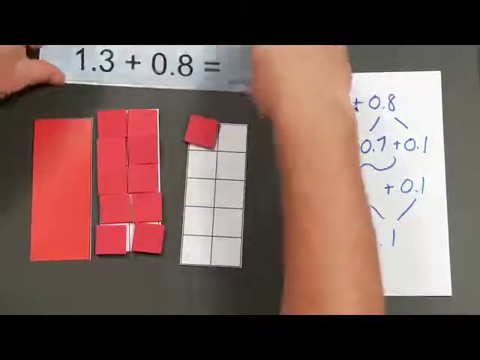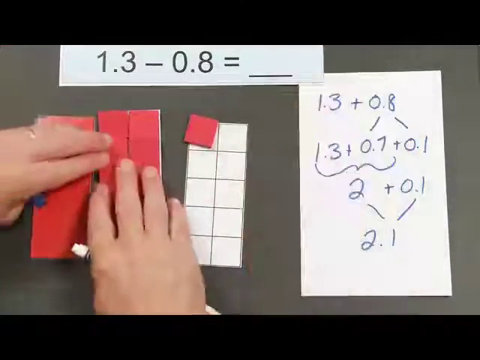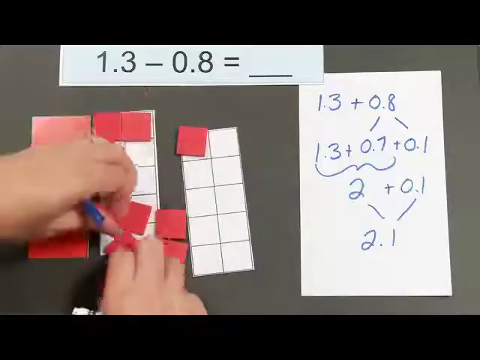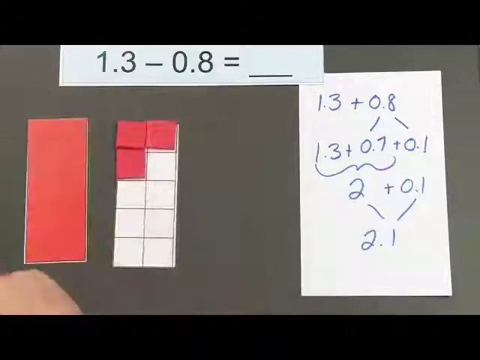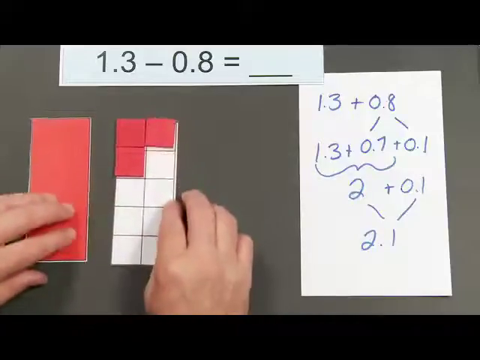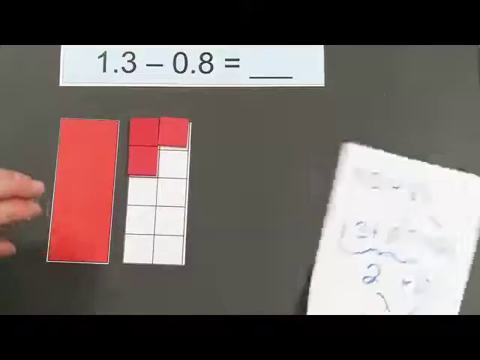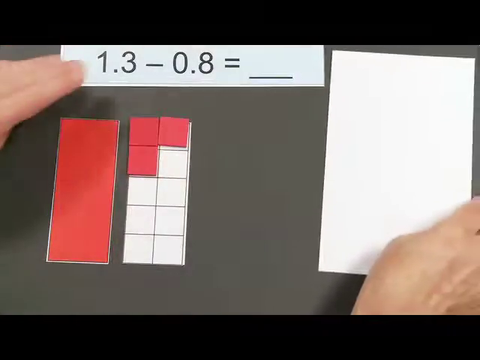Well, what about this question? This question looks a little different. It's still 1 3/10, but now what do I have to do? Now I have to subtract 8/10 from this. That's pretty tough. Well, you can see I can get rid of 3 right here.